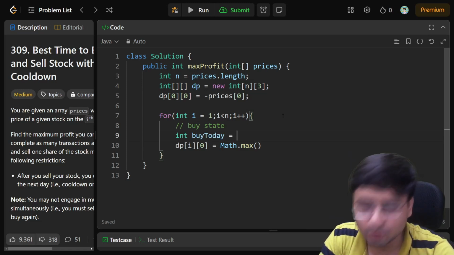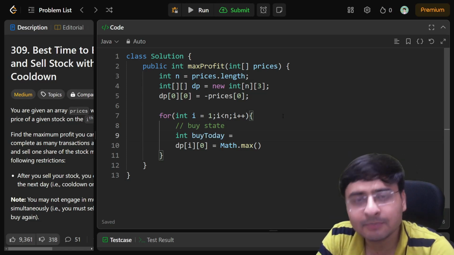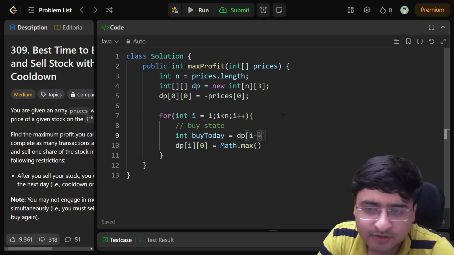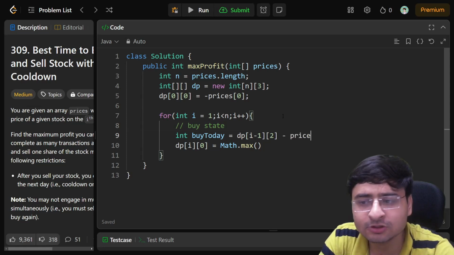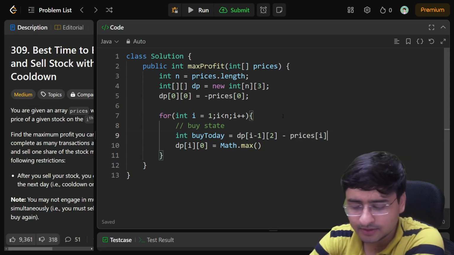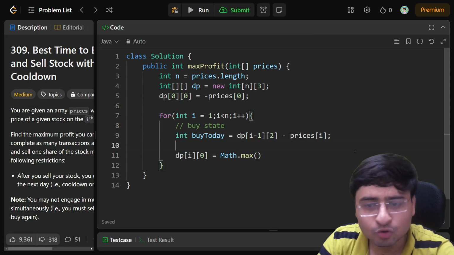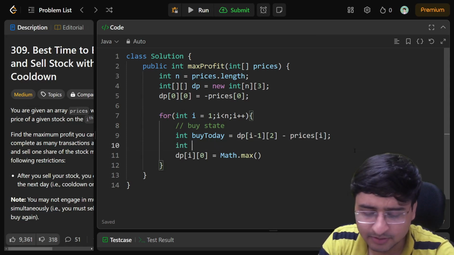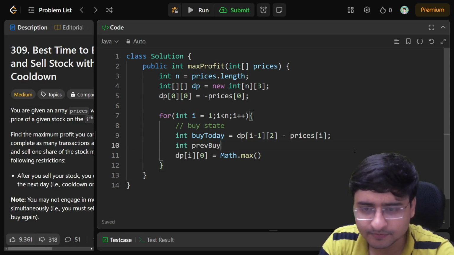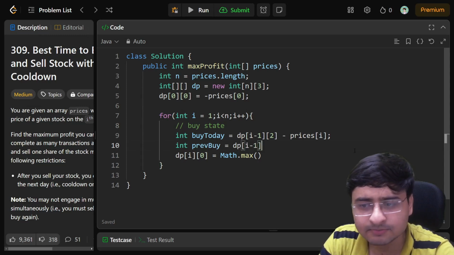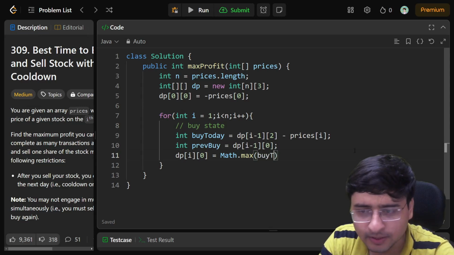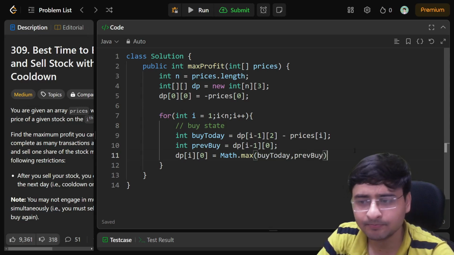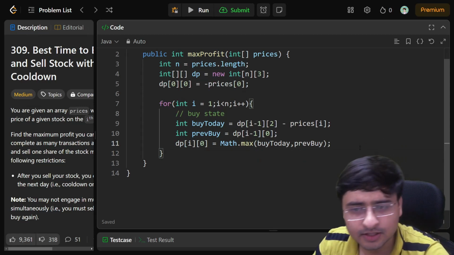I'm going to consider the previous day's cooldown, dp[i-1][2], where 2 is cooldown, minus prices[i], since I'm buying today, right? And if I do not buy today, it will be the previous buy state, dp[i-1][0]. Here I'm going to consider whether I buy today or consider the previous buy state. This is what I'm going to consider here.